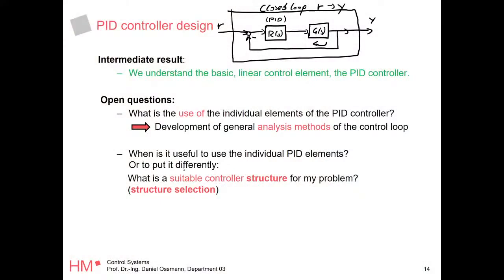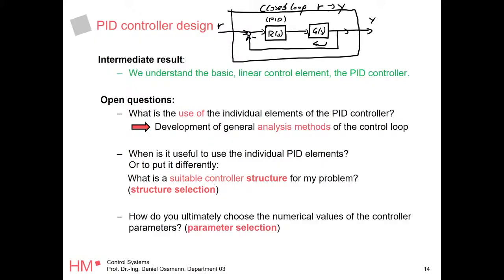And then when we understand that, we will take a look at the design problem, which is basically twofold. First, you have to select a structure, and then you have to select the parameters. This is the ultimate goal where we want to end next week, probably. If your boss tells you, please design a PID controller for that system, you first have to think about the structure.